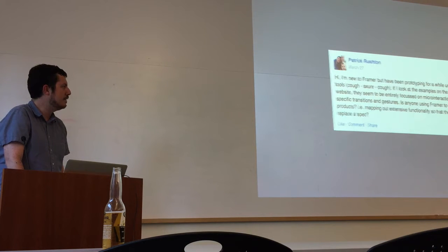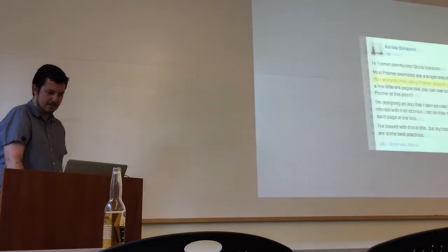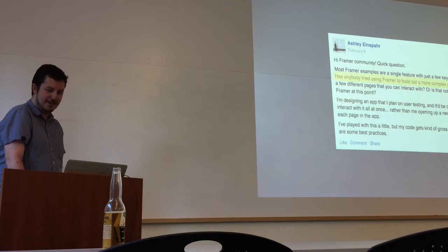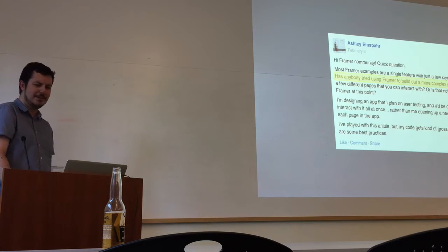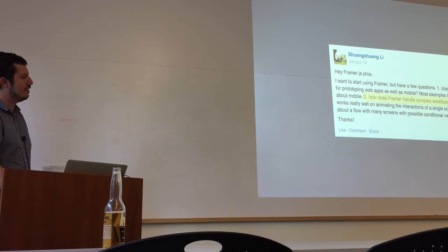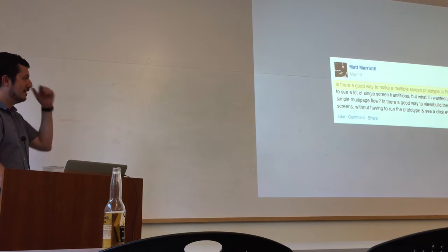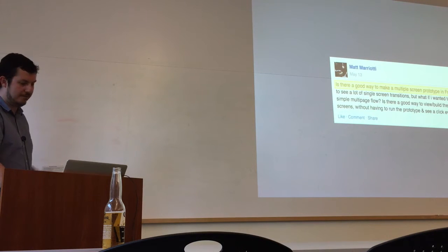This is not uncommon. Tobin asks, has anybody created a full app prototype with Framer yet? One with several screens? Has anybody tried using Framer to build a more complex prototype? You can see a pattern here, right? People are really curious about how to create multi-screen flows.